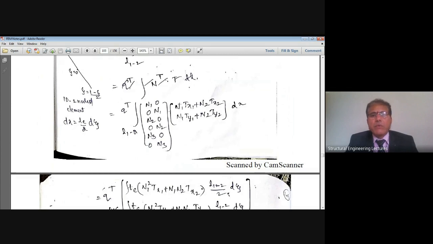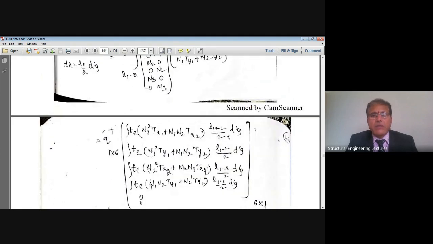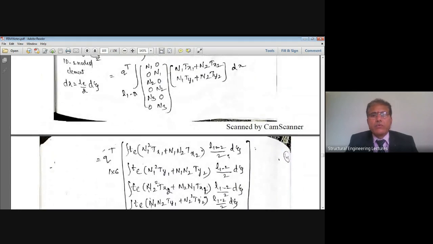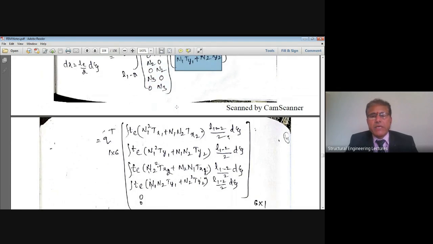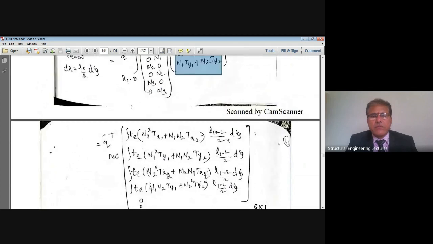Therefore, now I'll do n1 multiplied with this, 0 multiplied with this, 0 multiplied with this, and n1 multiplied with this, right? Then that is how it will now lead to this 6 by 2 matrix when operated upon 2 by 1 matrix will lead to 6 by 1 terms.